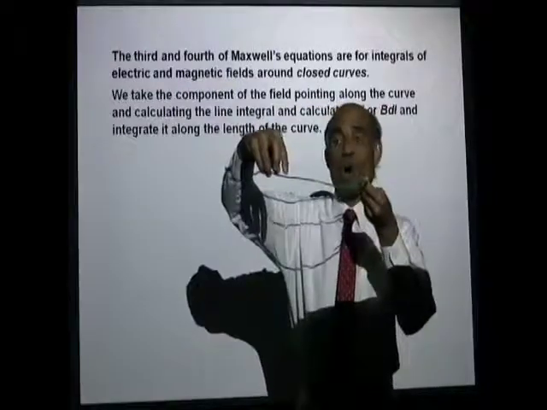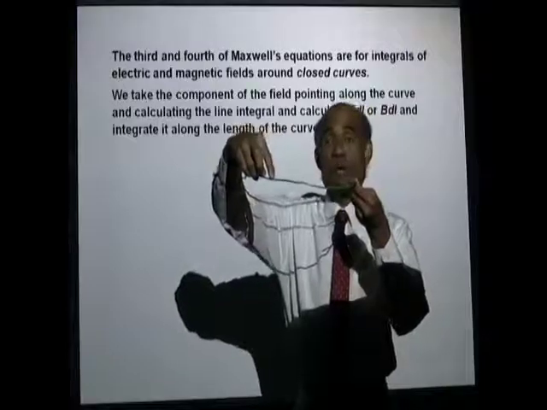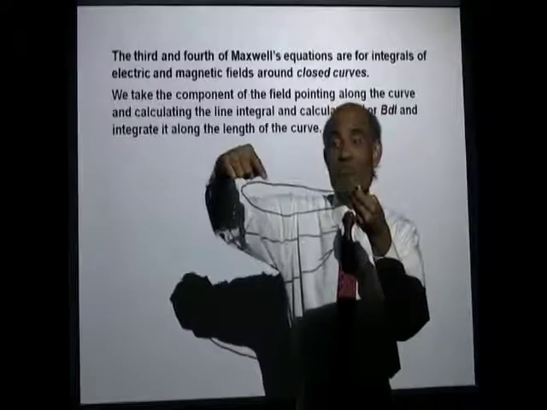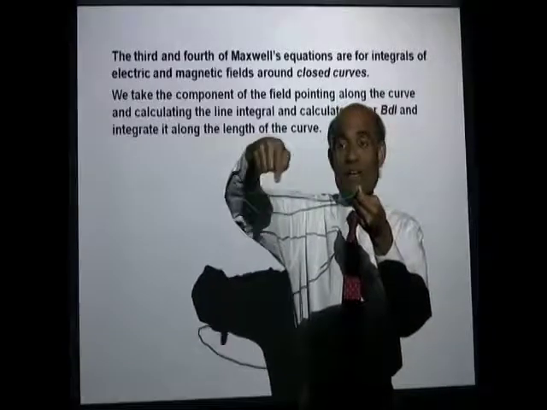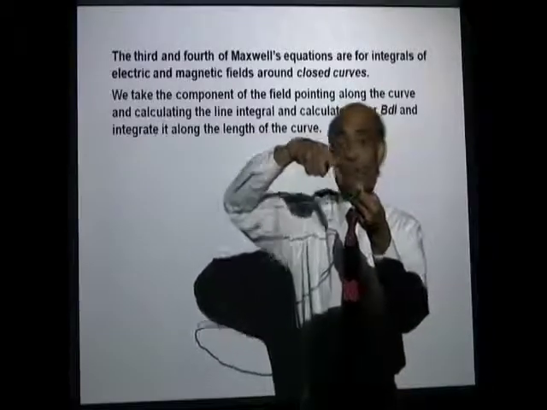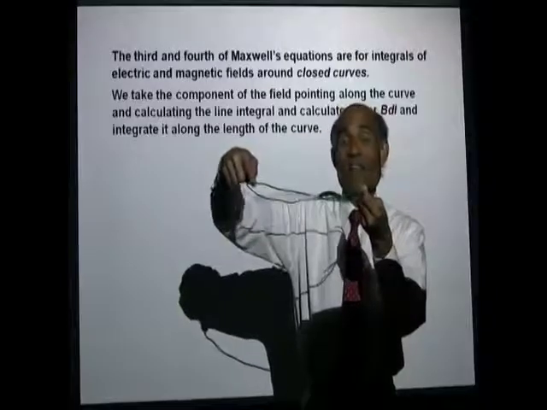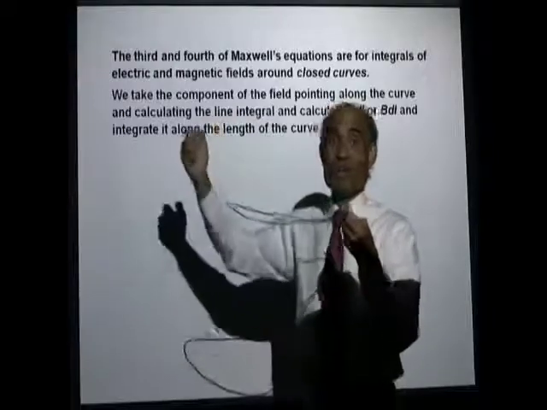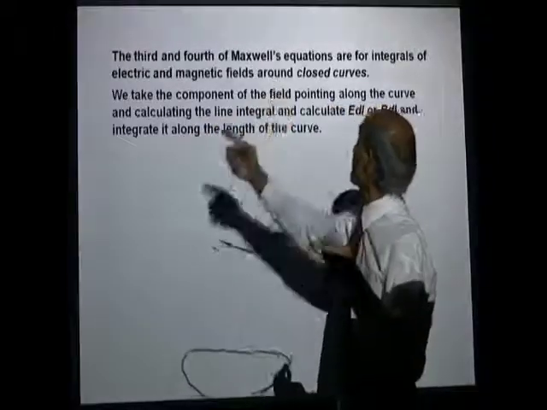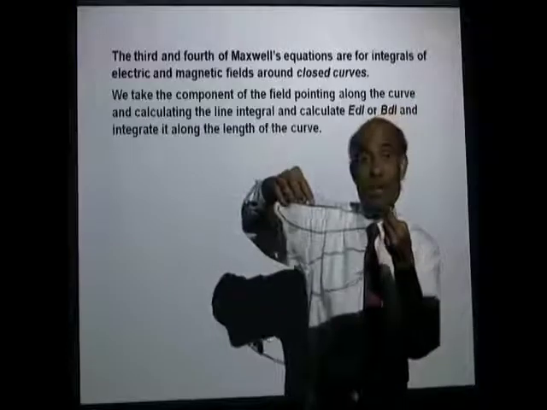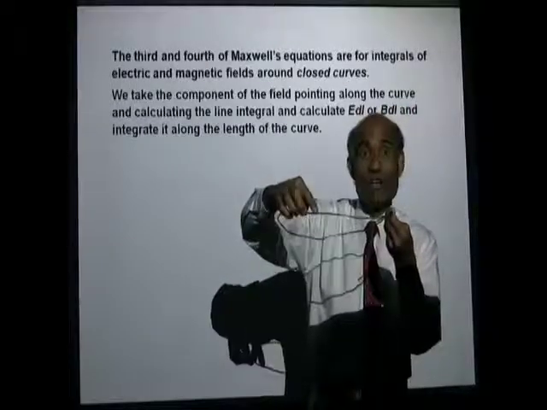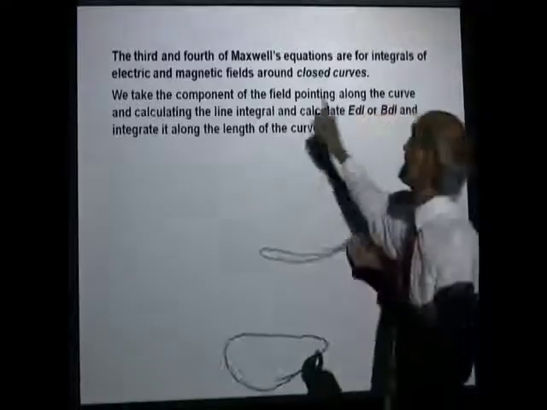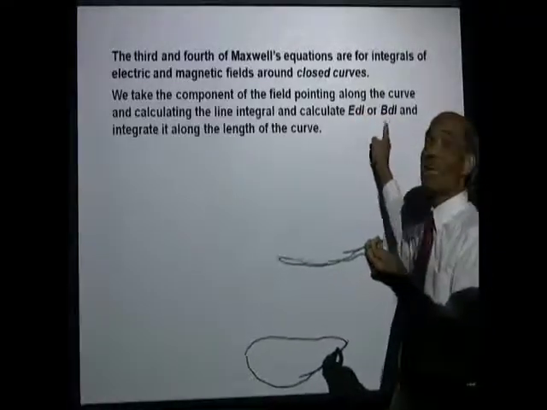If I take a small element of this, delta L, and multiply that with the component of the magnetic field in the direction of it and add all such products along the length, that is the line integral, the total line integral. So we take the component of the field pointing in the direction along the curve and calculate the line integral in order to calculate E dl or B dl.